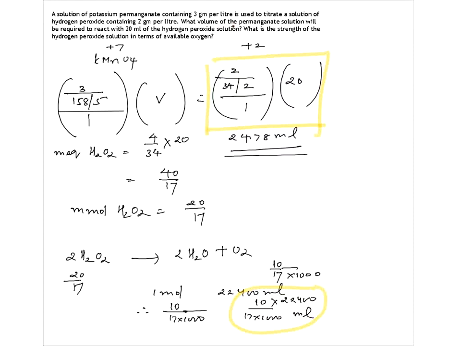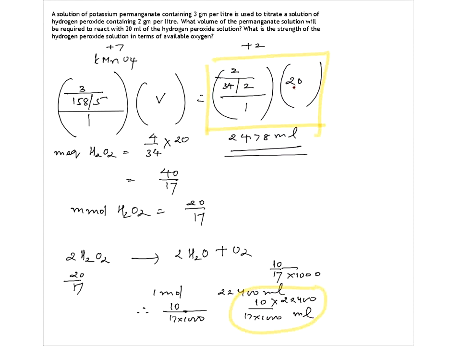What volume of permanganate solution will be required? Let that volume be V. N1V1 equal to N2V2. The hydrogen peroxide solution required is 20 ml. Since it is ml, I should say milliequivalents are being equated on both sides.